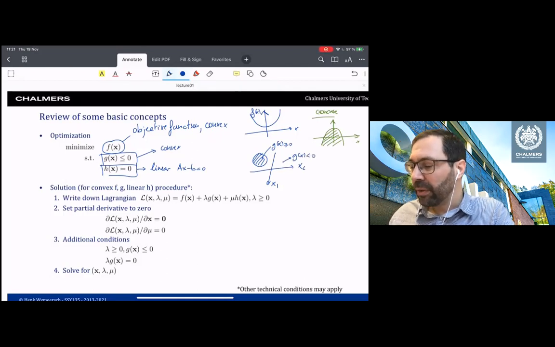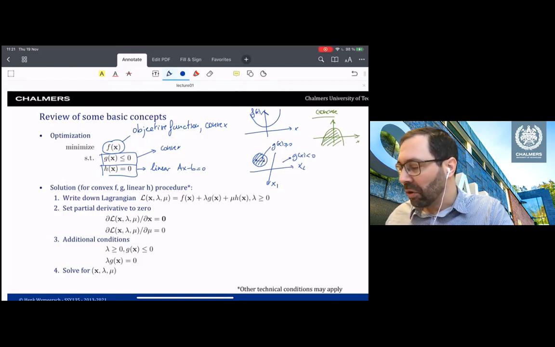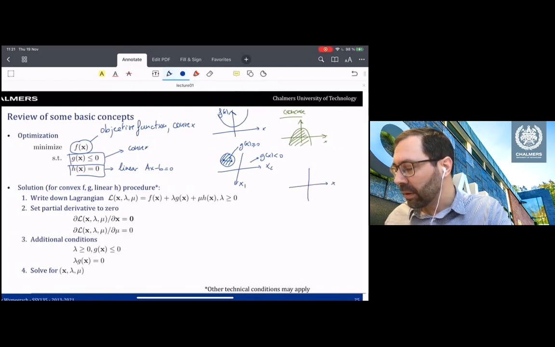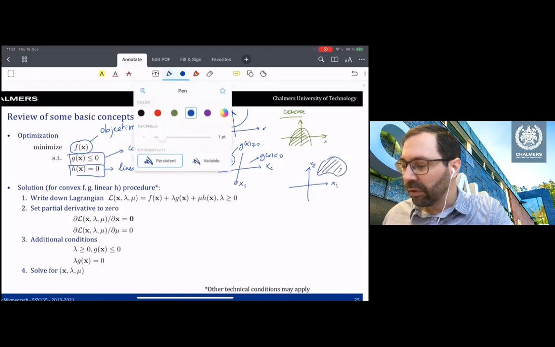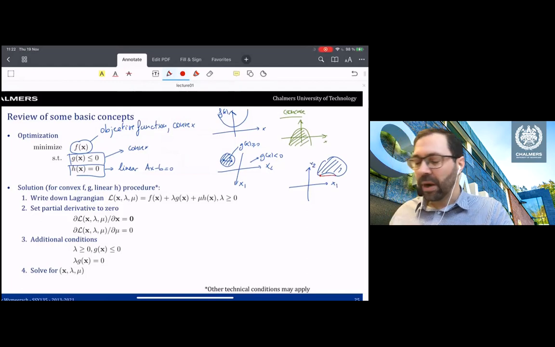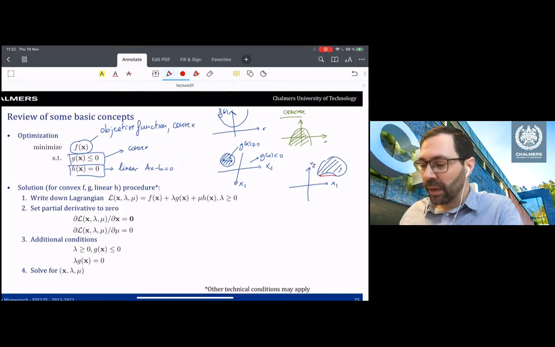A convex region means that I can go from any point to any other point and stay within the region. A non-convex region would be something like this. It's not convex because I can go from this point to this point, and I do this by not staying within the region.